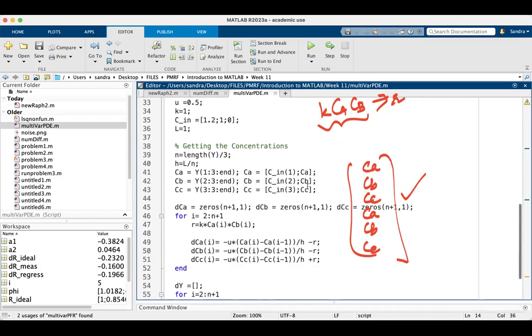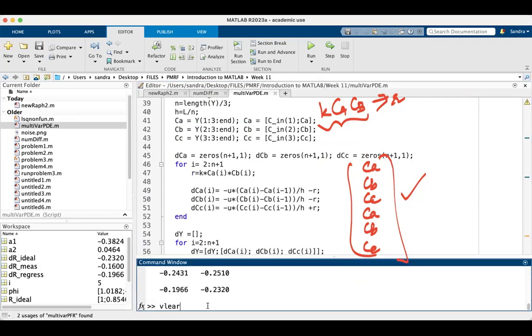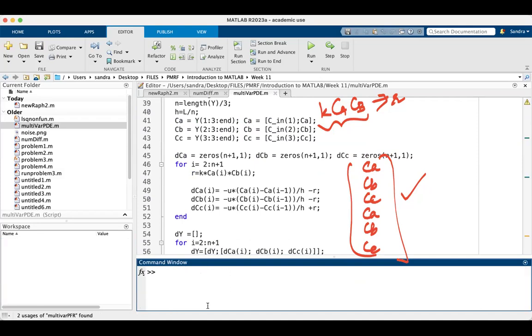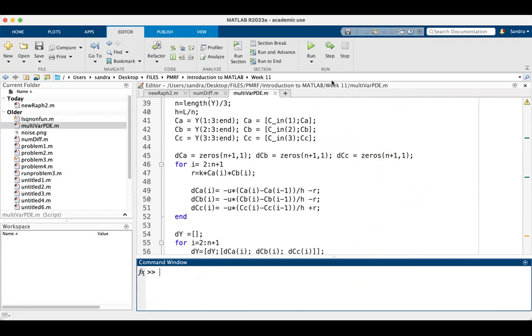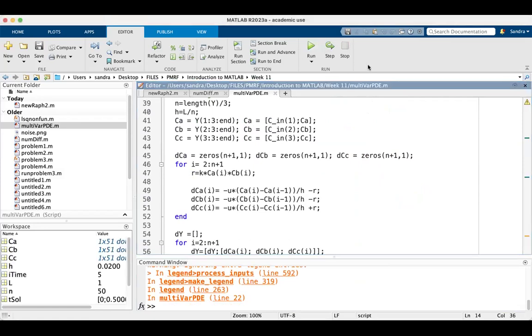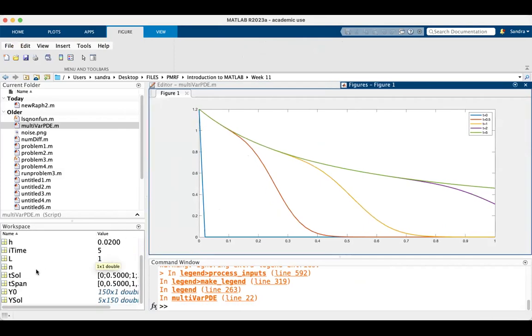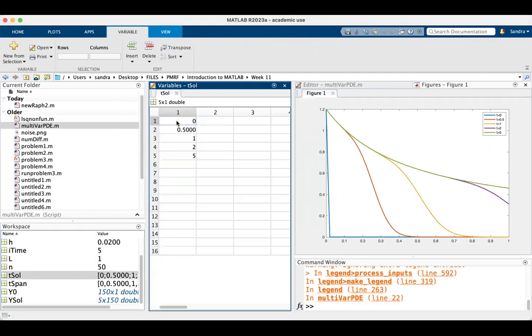Okay, so now let me run this code. T-sol, you can see it is for 0, 0.5, 1, 2, 5.